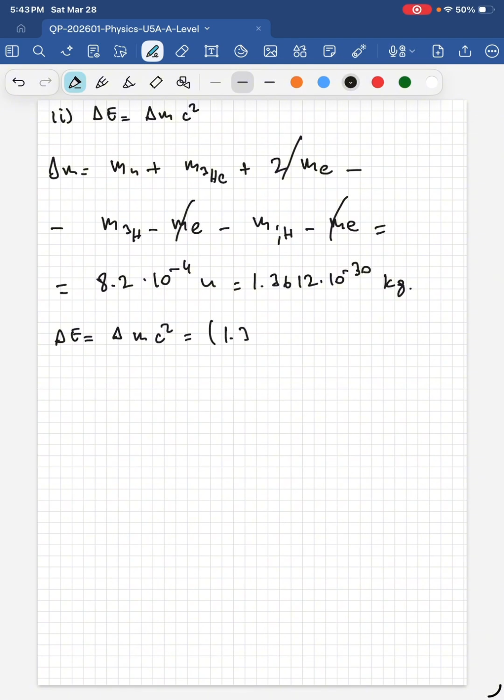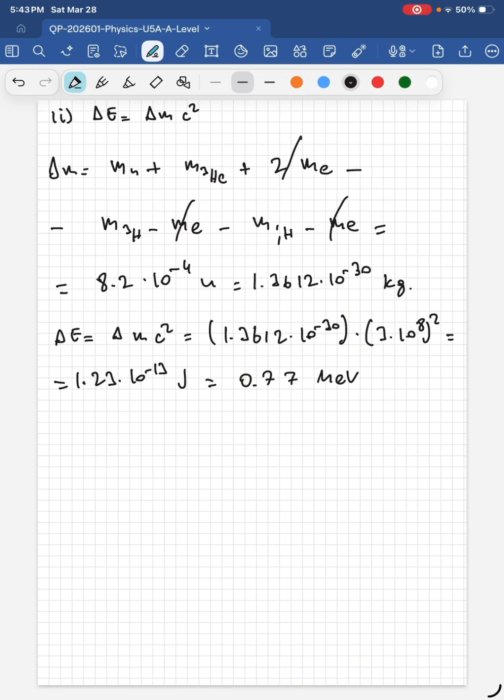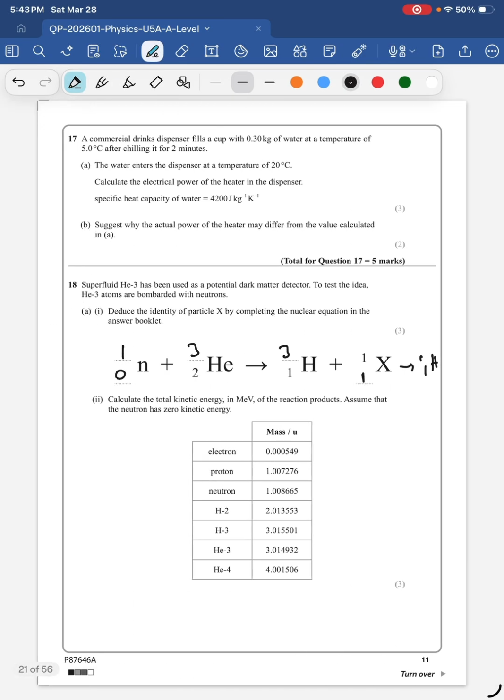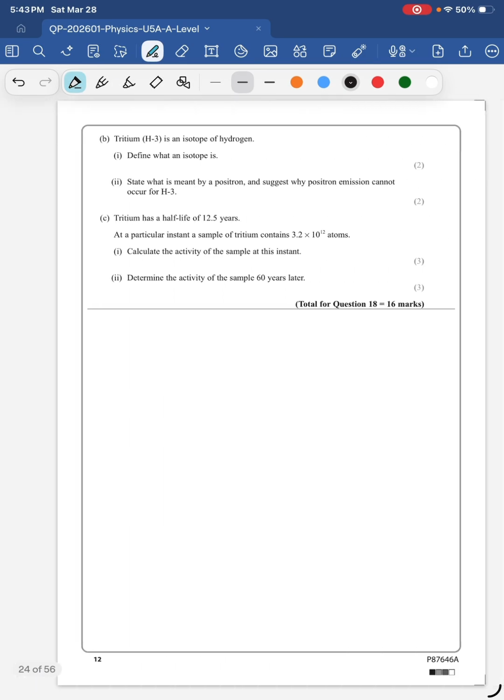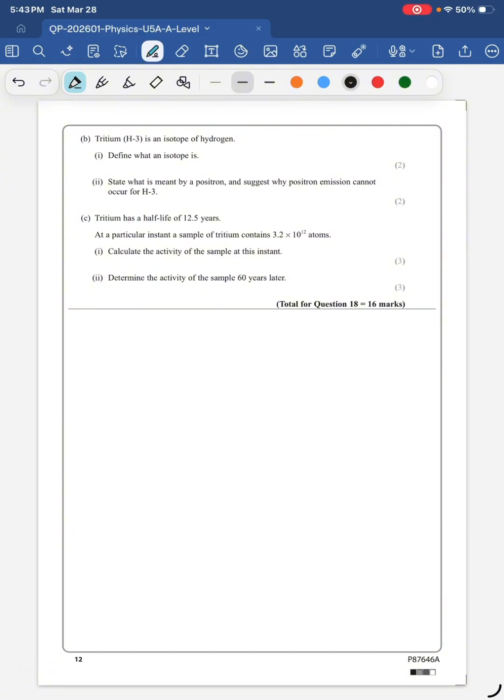So this is 1.3612 times 10 to the negative 30 times 3 times 10 to the 8 squared, which is equal to 1.23 times 10 to the negative 13 joules, which is equal to 0.77 MeV. And to go from this step to this step, we divide by 1.6 times 10 to the negative 19 joules per electron volt. Okay, this was quite long, so let's move on to question B.